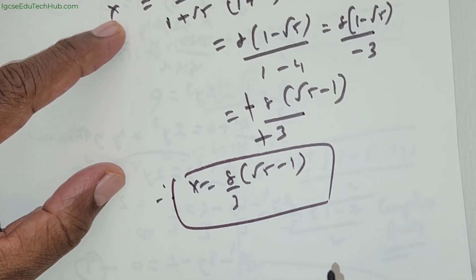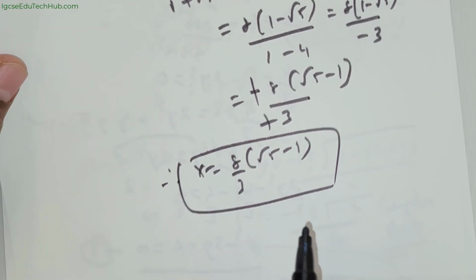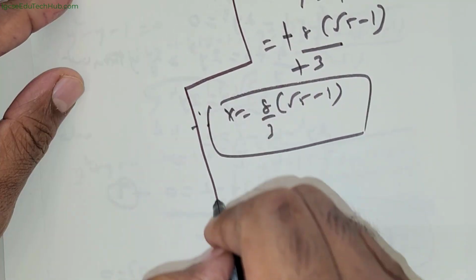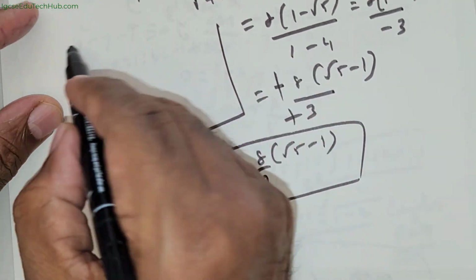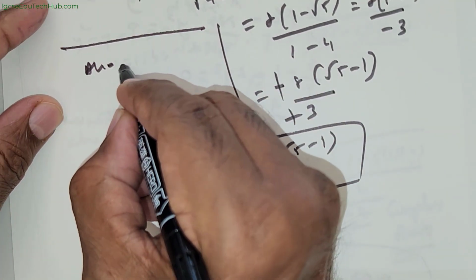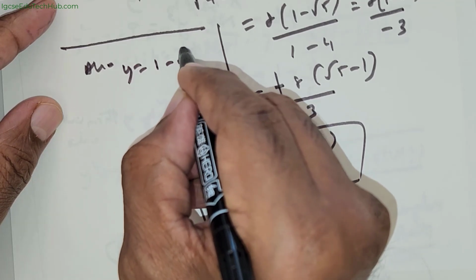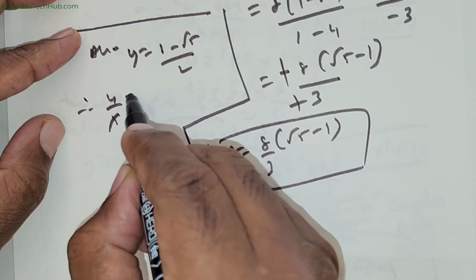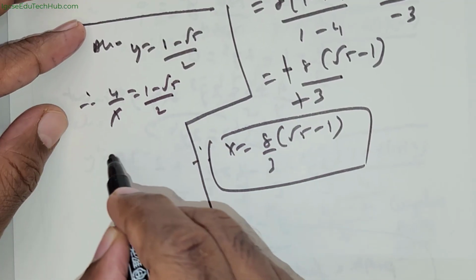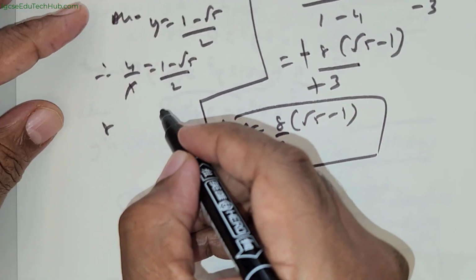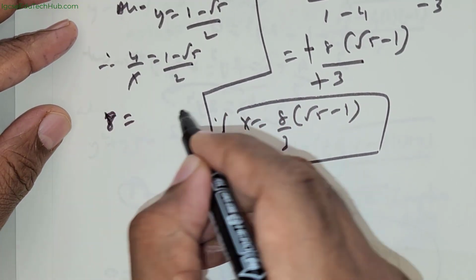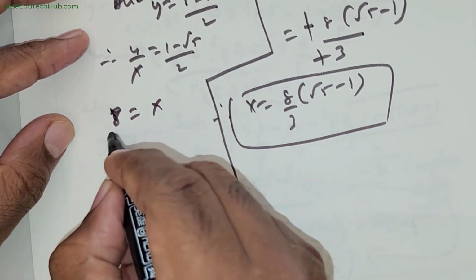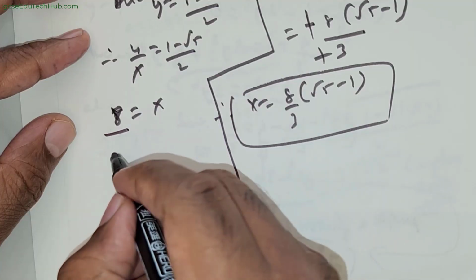This is one root. Now we need to get the other root using this idea. Also, y is equal to (1 − root 5) over 2. Therefore 4 over x is equal to (1 − root 5) over 2. 8 is equal to x times (1 − root 5), and you bring this down.